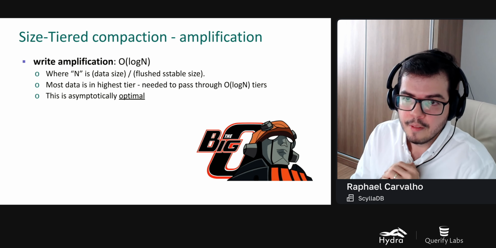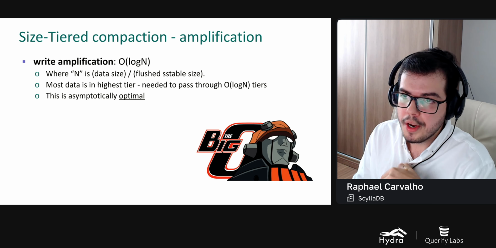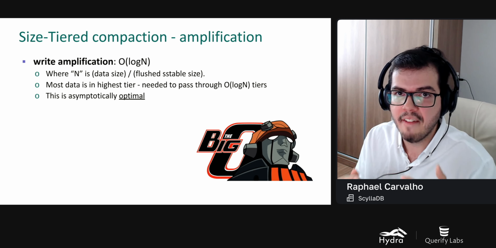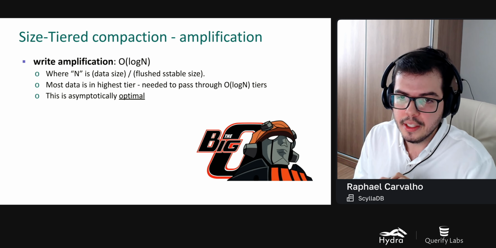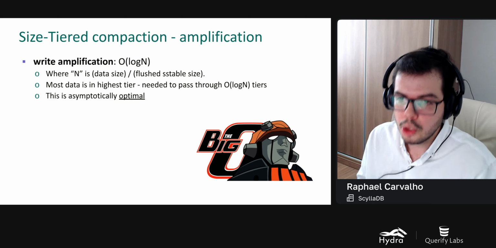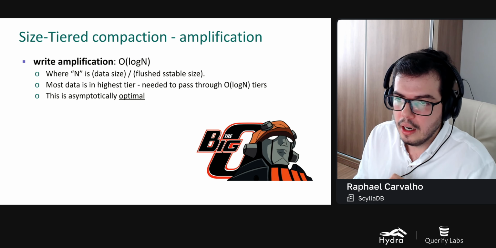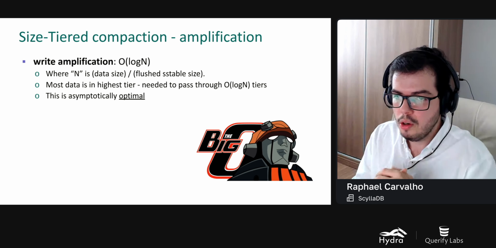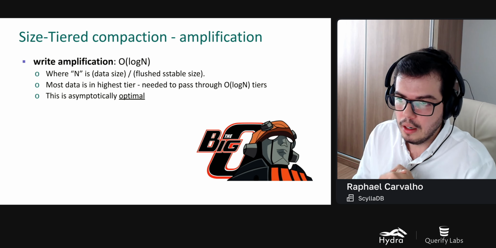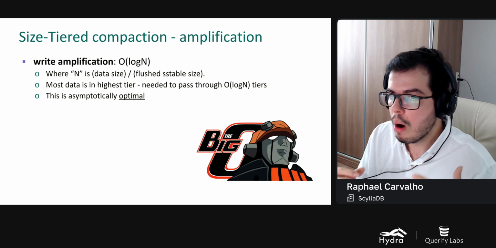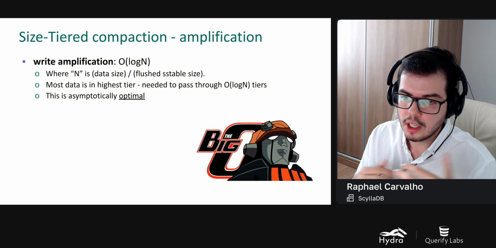That's because the amount of tiers that a given byte will have to travel through is a logarithm of the total data size. So we could only have a small amount of tiers. It's a log.